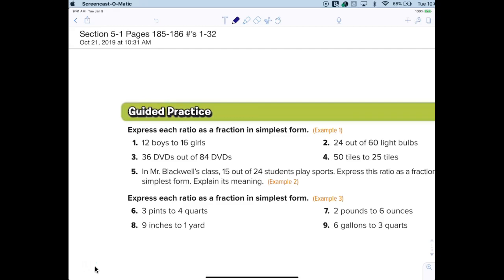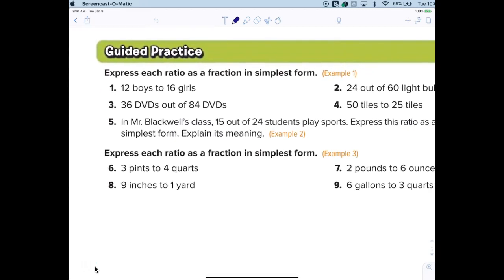Right now, I think today is pretty easy. Again, dealing with fractions. It says, express each ratio. So ratio is just a fancy word for what? Fraction. That's it. So now let's go ahead and get started.